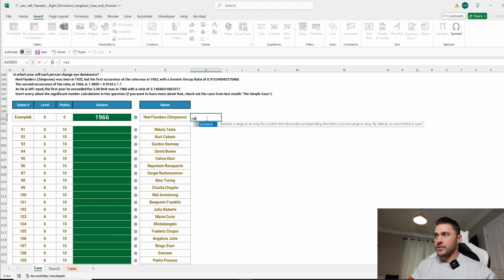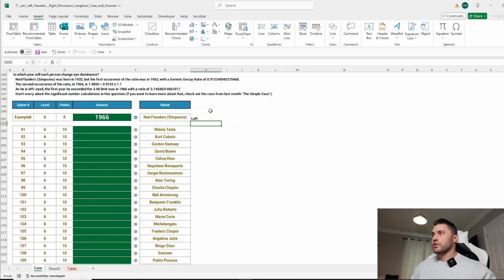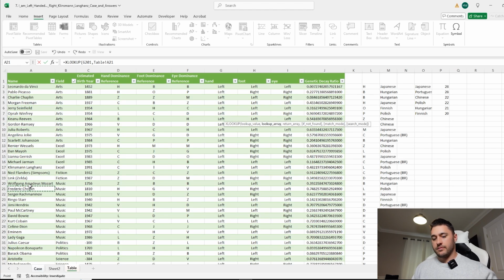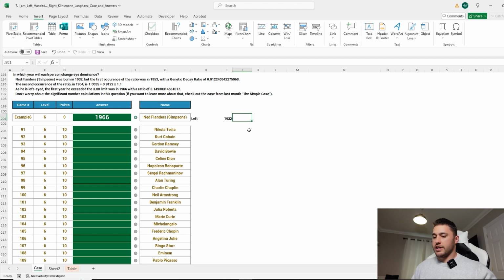So we want to know Ned Flanders' dominance. We want to know his genetics K ratio. Well, actually, let's do his birth year first. And then we want to know the genetics K ratio.